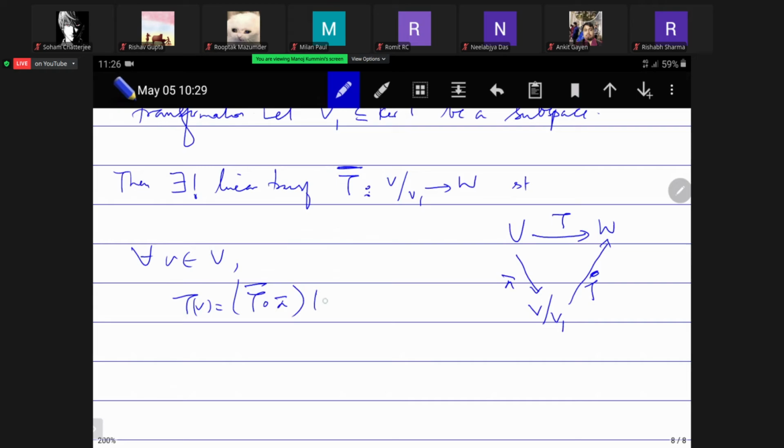In other words, T equals pi followed by T bar.